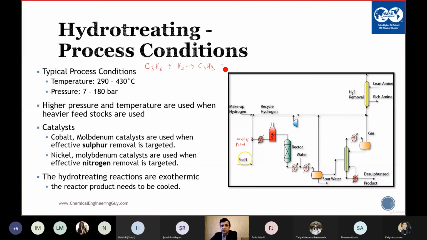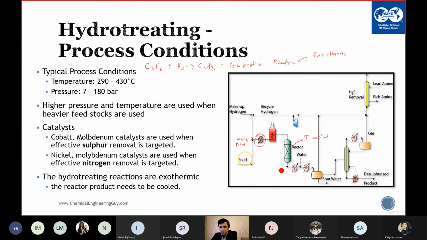This is an addition reaction. Addition reactions are exothermic. So you can say that the hydrotreating process is an exothermic process, which means that it is really essential to control the temperature in the reactor.